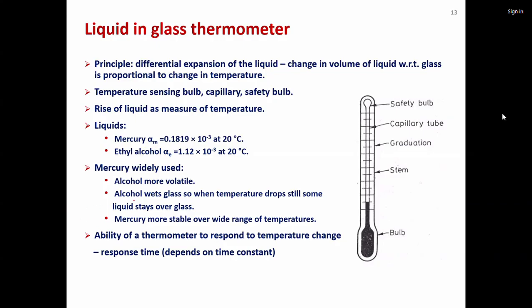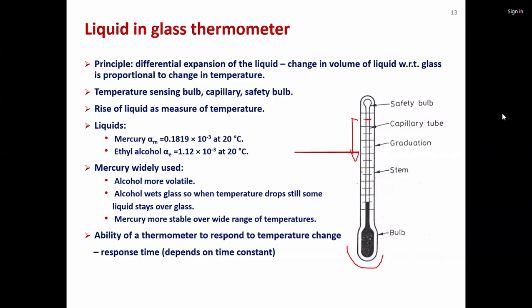Second is that alcohol wets glass. So when temperature drops, still some liquid stays over glass. What it's saying is that, if you fill this kind of capillary with alcohol, and it has reached some very high temperature, now if you reduce the ambient temperature, this would not really come down easily because of the wetting problem.